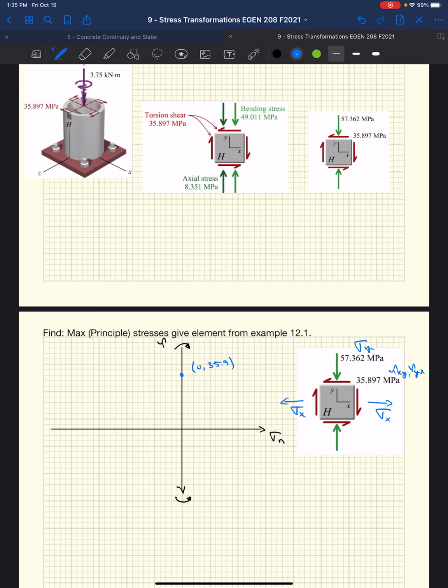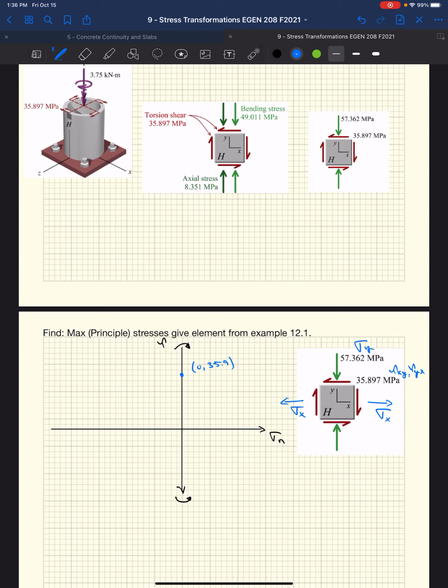Similarly, we do the same for the y face. The y face in this case, we do have a normal stress. We know that it's compressive, so that's negative. We're going to be on the left-hand side of our y-axis, in the negative values. And then we have tau yx now. That's 35.9. On that face, it's spinning us counterclockwise. So we're going to be below the x-axis.